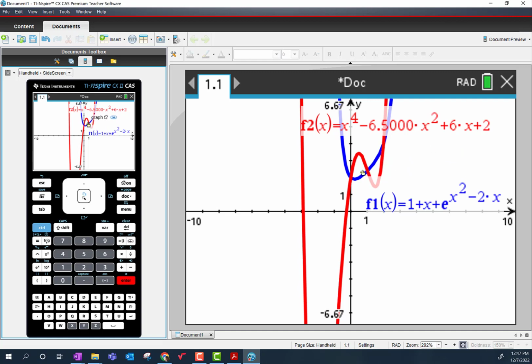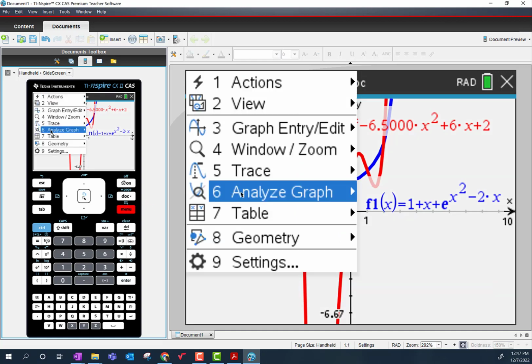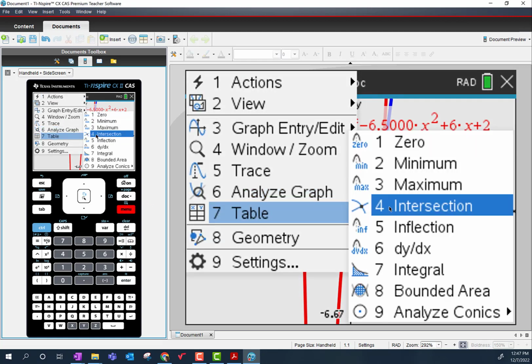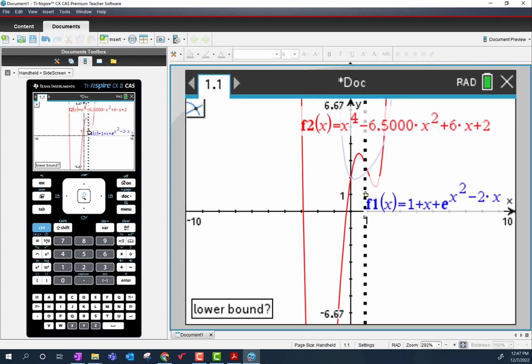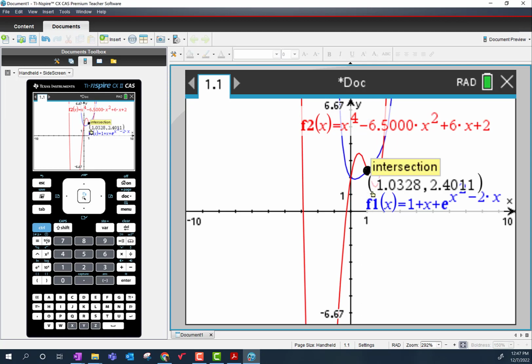We also mentioned we're going to need to find this intersection point. So we're going to hit Menu, Analyze Graph, and do our intersection, number 4. This is the intersection we want. We go to the left of the intersection and click enter, the right of the intersection, and here's my intersection.